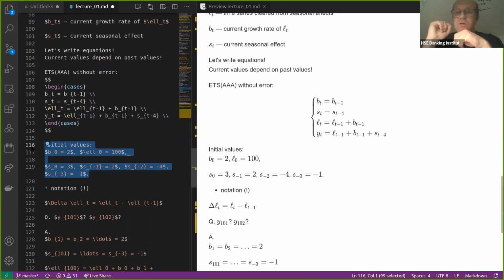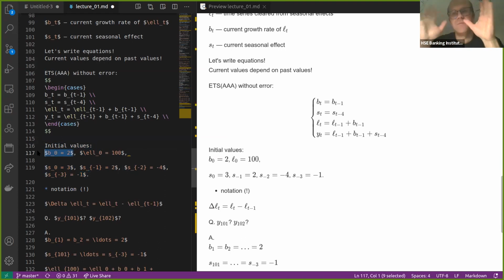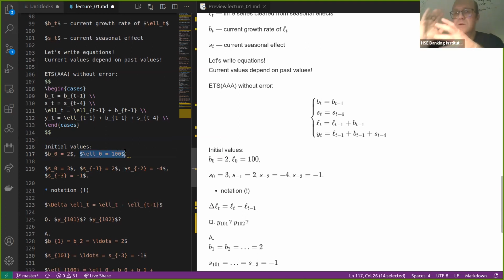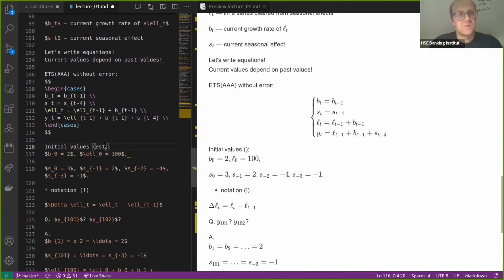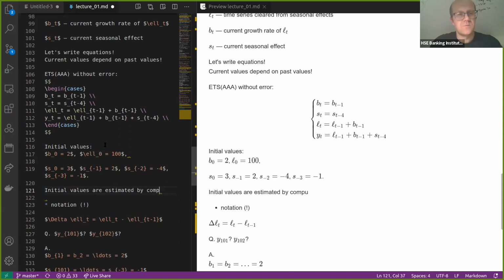But there is a small trick. The starting value of B can be arbitrary, so the computer can give you any number. The starting value of L0 can also be arbitrary. Normally, initial values are estimated by the computer by maximum likelihood.